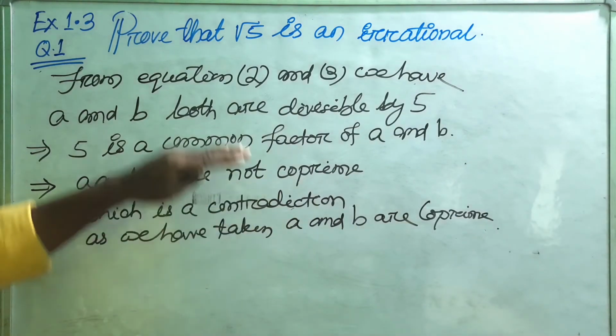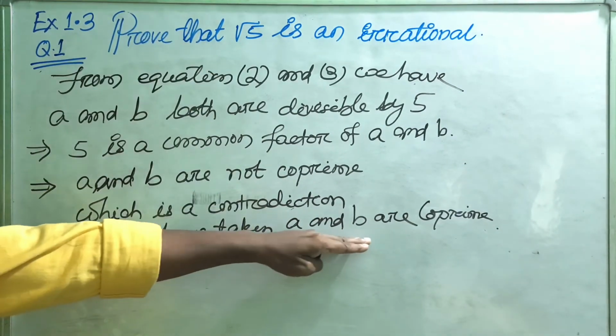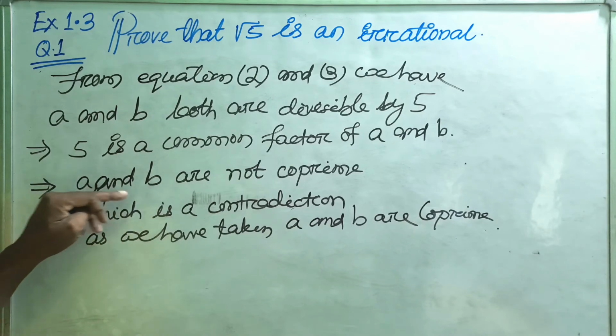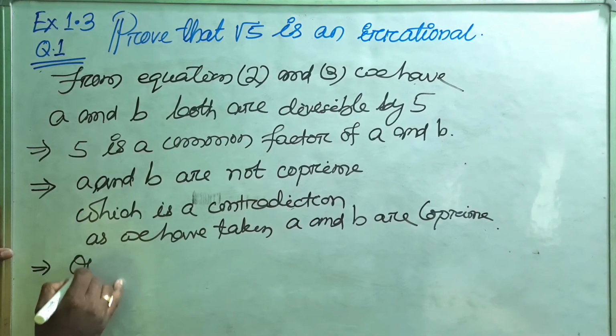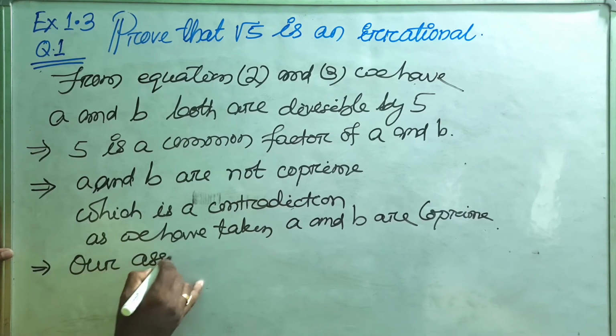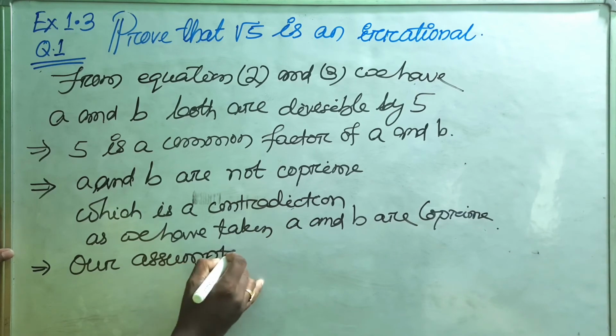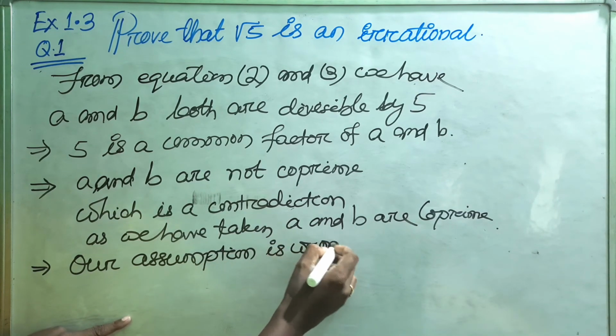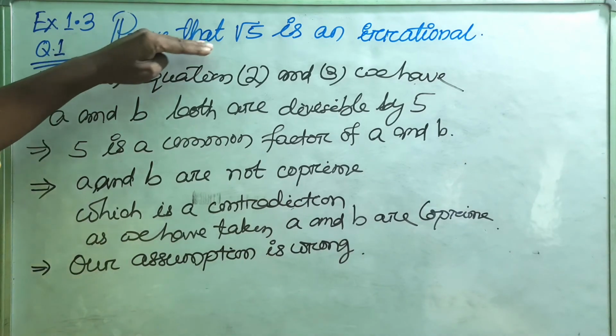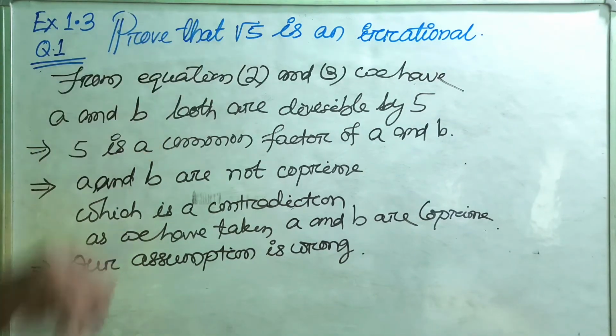Initially we assumed that a and b are co-prime, but here we got that a and b are not co-prime. So this is a contradiction we are getting. So this implies our assumption is wrong. That means what we assumed initially, that root 5 is a rational number, is wrong.